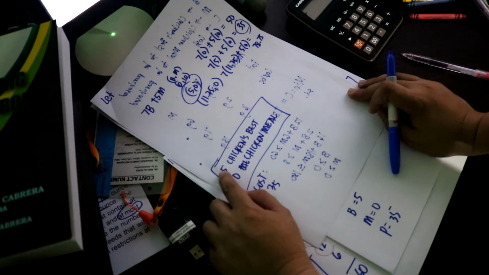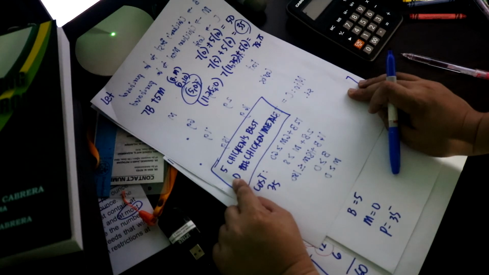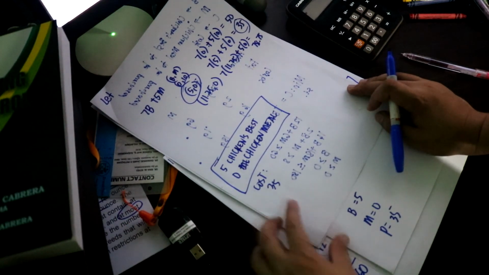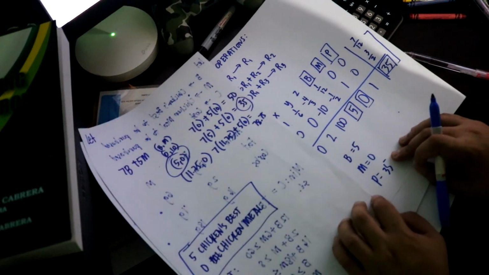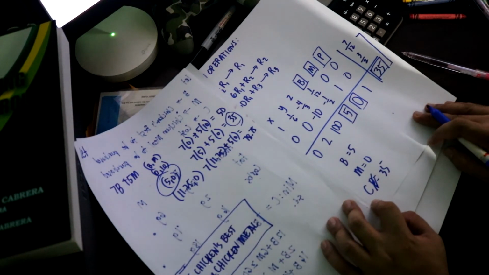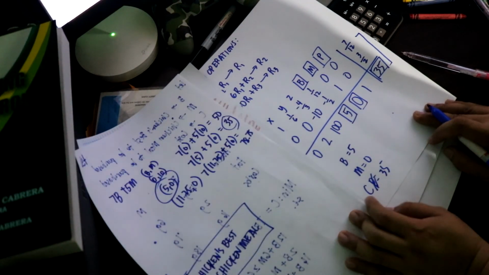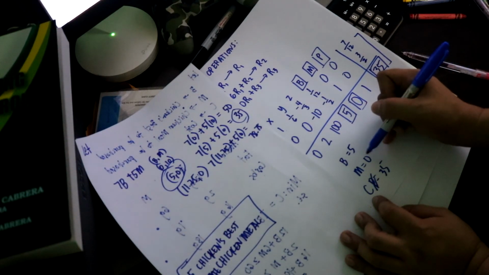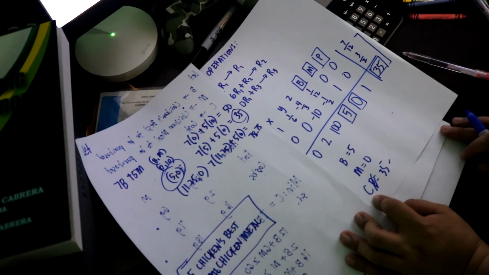We have to buy 5 chickens best, and we don't have to buy chicken meal, and it will cost us 35. Actually this is going to be C. So our answers would be 5 chickens best, 0 chicken meal, and it will cost us 35.